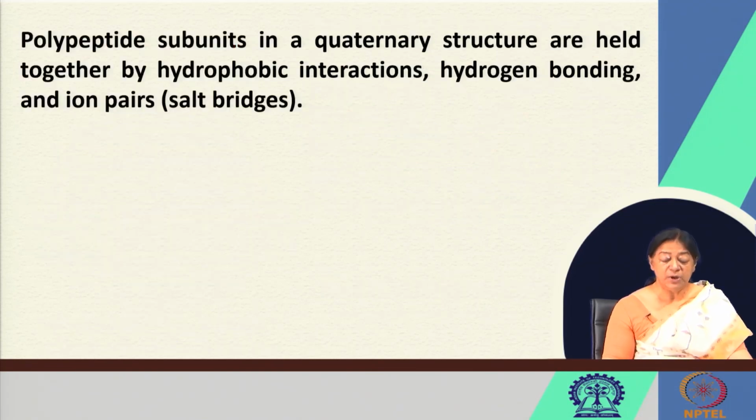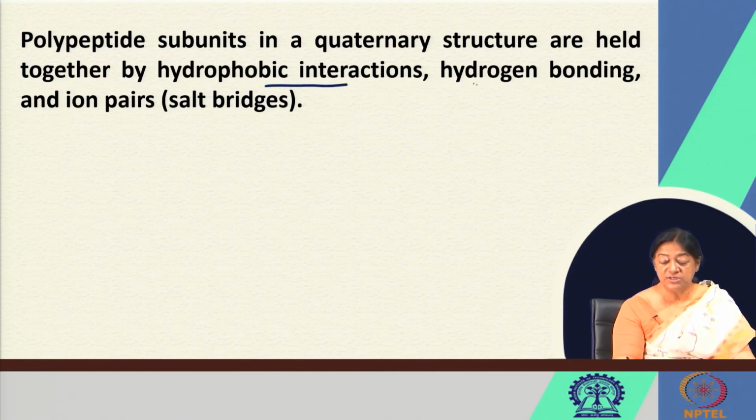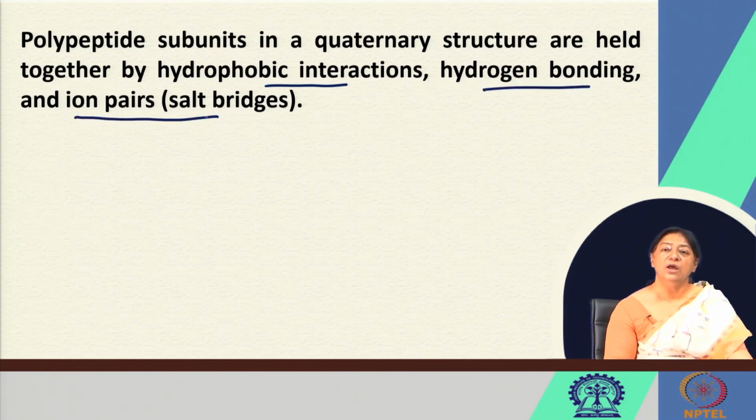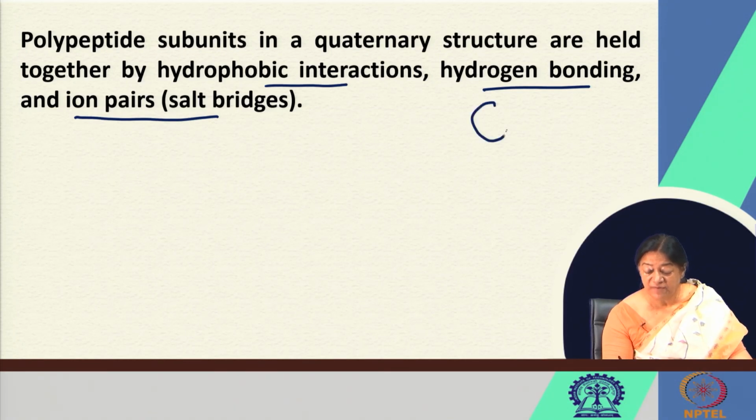So, when we have these polypeptide subunits in the quaternary structures, they are held together by the hydrophobic interactions, hydrogen bonding and ion pairs. So, what are we now looking at? Now that we have the folded compact structure in a regular globular protein, we know that we have the hydrophobic core and the rest of the amino acids on the surface. Now, what happens if we have a dimeric protein?